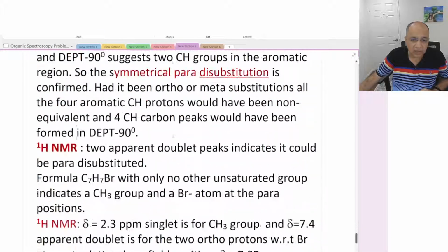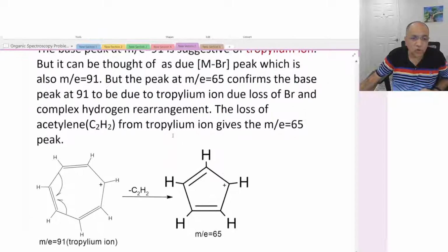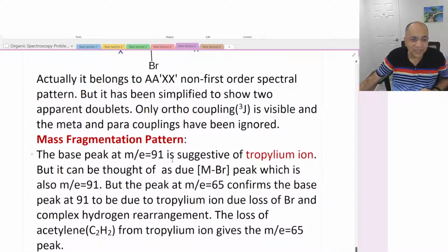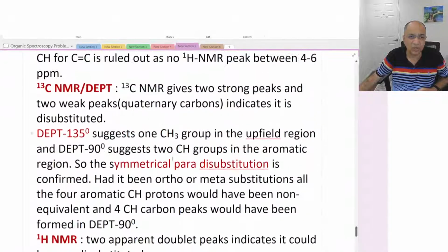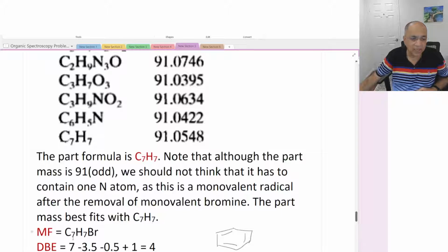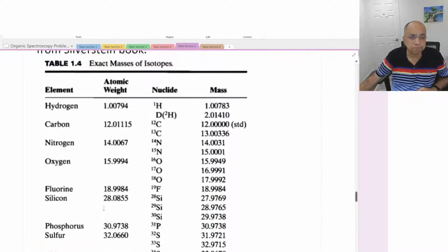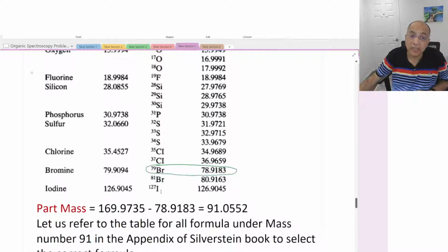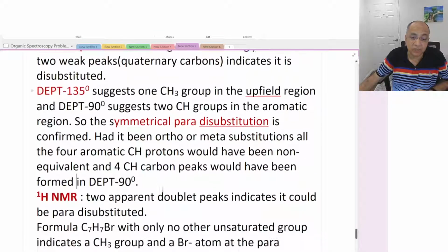Interestingly, loss of bromine also can give you the 91 peak. From the molecular mass, which is given as 170 or something like that, if you subtract 79, then you will get the same 91.